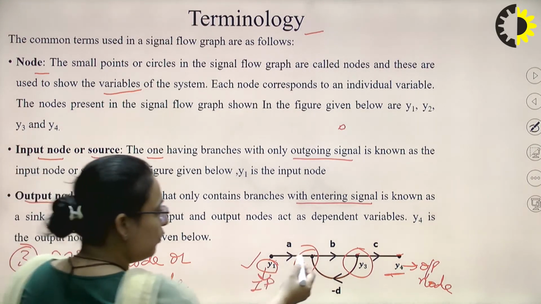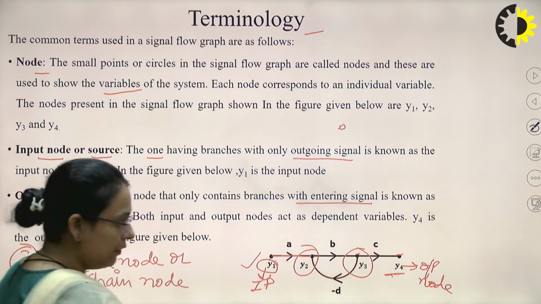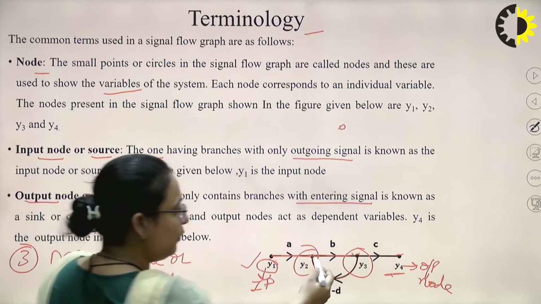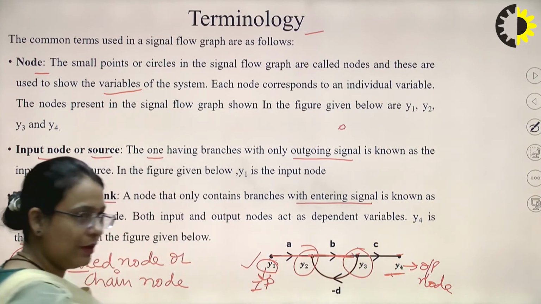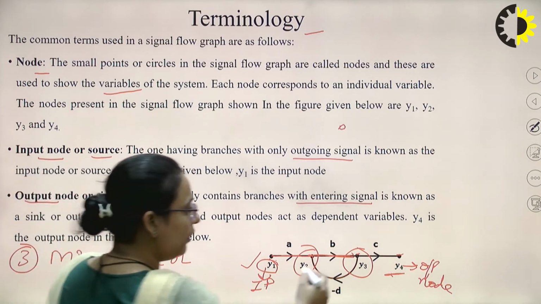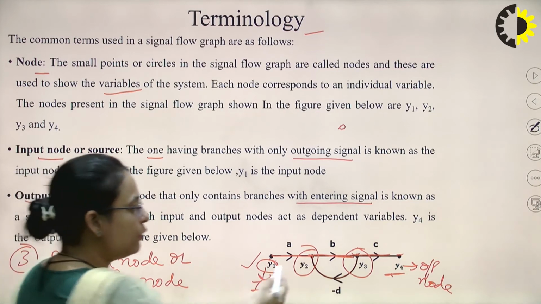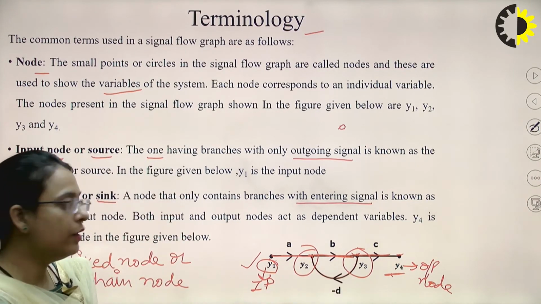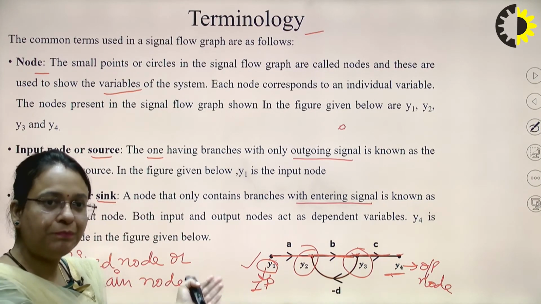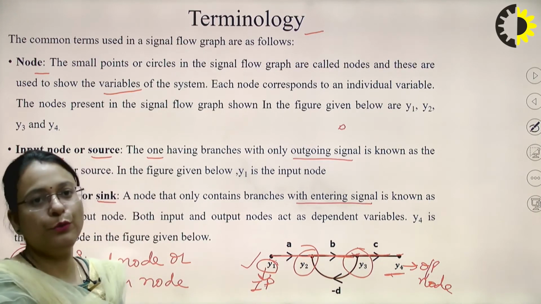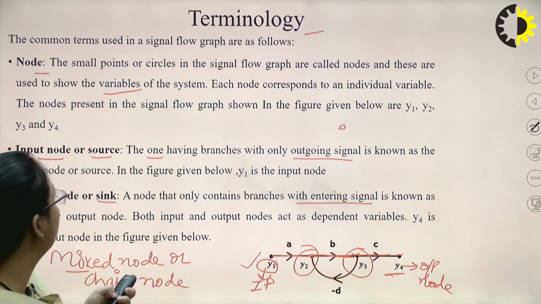At Y2, this branch is entering and this branch is leaving. Similarly, at Y3 you can see this branch having a transmittance of B is entering and a branch having a gain C is leaving. So here Y2, Y3 are the mixed nodes, Y1 is the input node or the source node, and Y4 is the output node or the sink node.